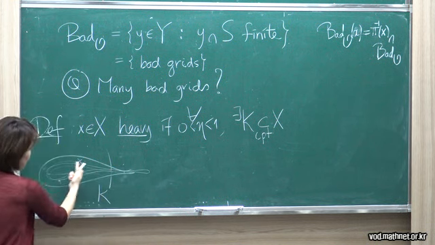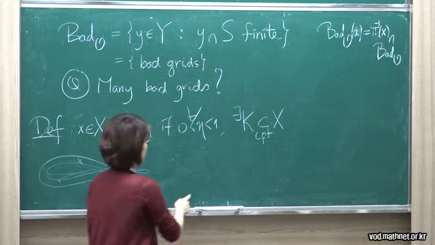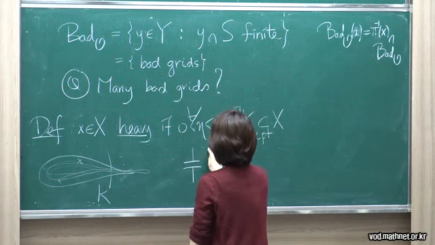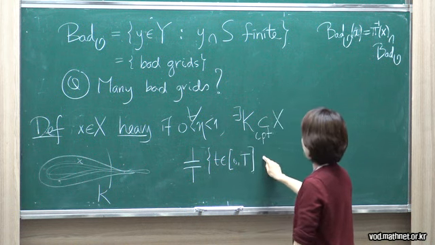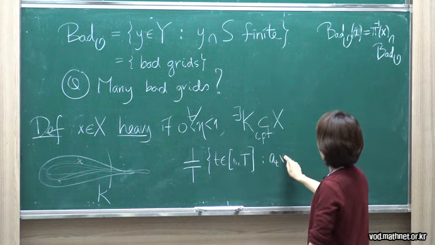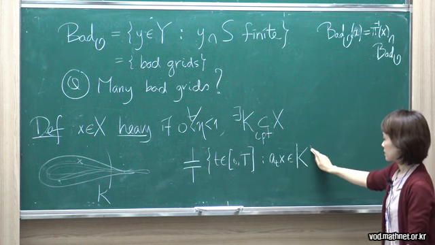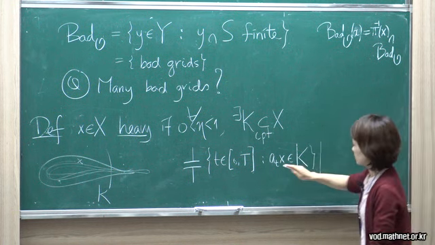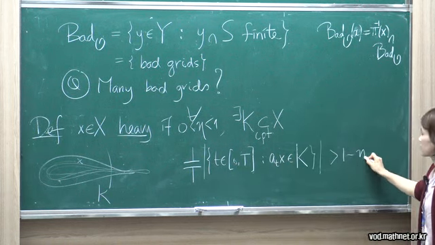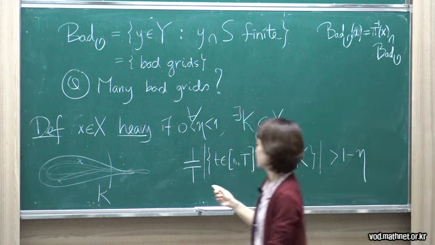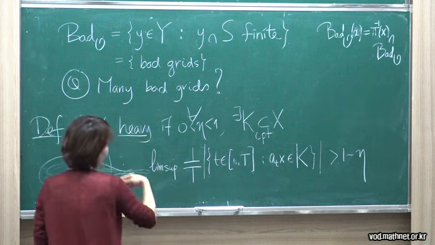But if you look at the proportion of the time that a_t x stays inside your compact set, you cannot say that it's always 1 minus eta, but there is an arbitrarily large t.